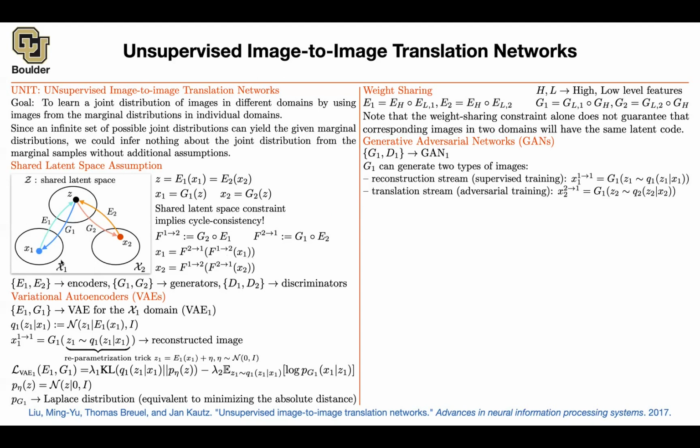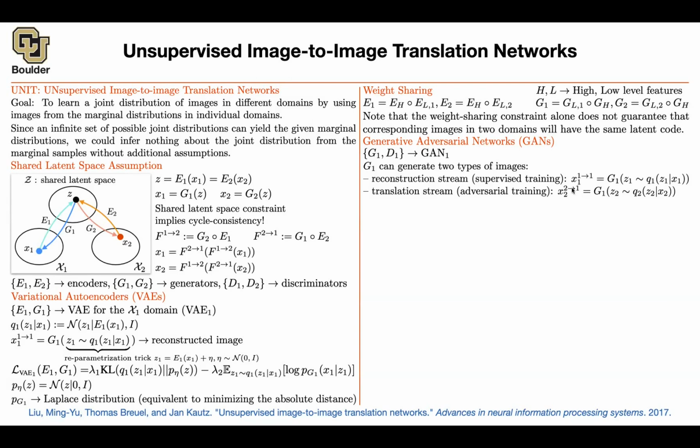Let's see, what am I actually talking about? You take x1, using E1, you can go and find your mean, and sample around that mean, some z. Now you have two options: use G1 and come back, or use G2. Or equivalently, you can take x1, using E1, go there, sample, come back, or you can have x2, use E2, sample from your z domain, and then come back using your generator.